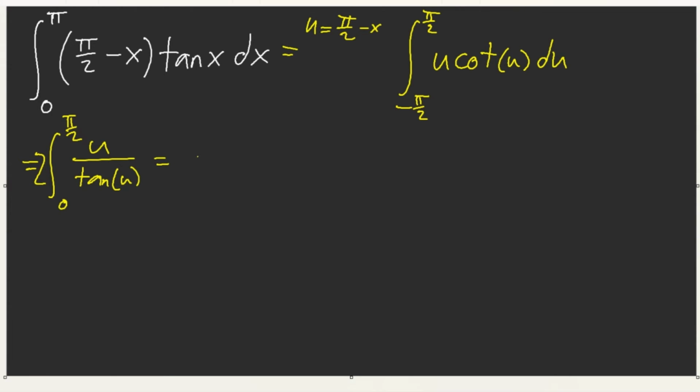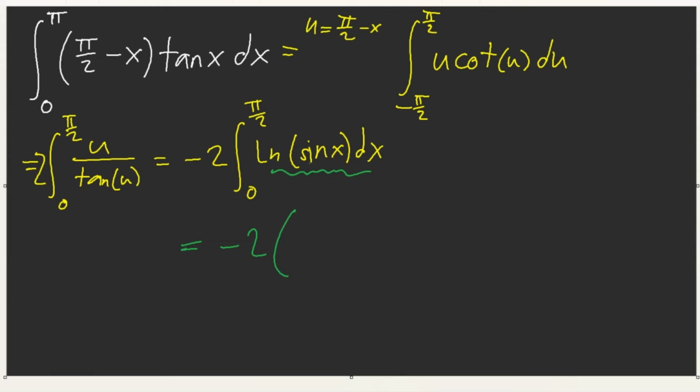You end up getting negative 2 of this integral here, right? Do you remember this integral? Remember this integral, this nasty integral, right? This is equal to negative 2 times negative pi over 2 ln of 2, right? Because 0 to pi over 2. And so now our answer is pi ln of 2.